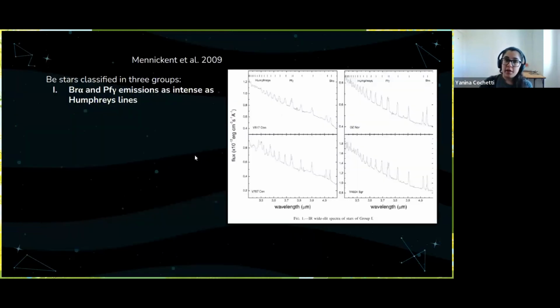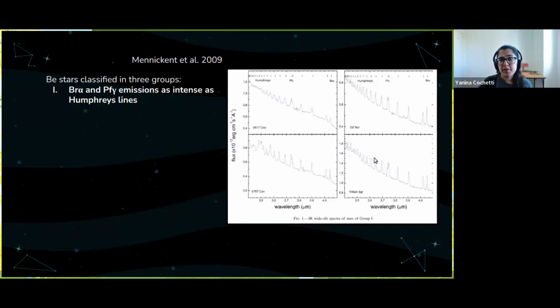After that, Mennickent and collaborators observed a sample of BE stars, and they classified the BE stars into 3 different groups according to how the L-band spectra look. Here you can see the L-band spectra for the stars that they classified in group 1.